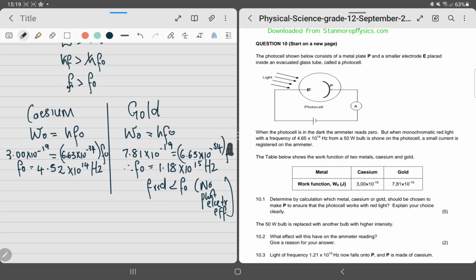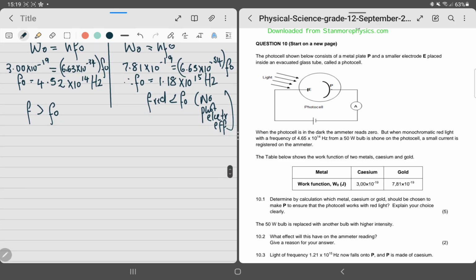Now let's check the other one. Here, 4.65 is the frequency of the red light, not the energy. And that frequency is greater than the threshold frequency of the cesium. Therefore, let's put it in a more elegant way.